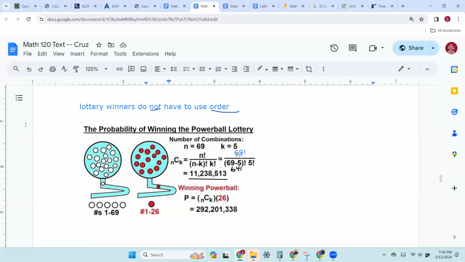So if we just do the pick 5, that's 1 over that 11 million number.